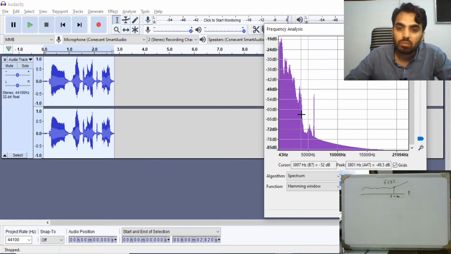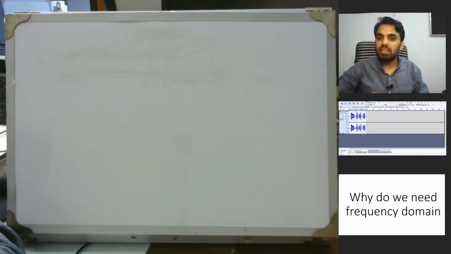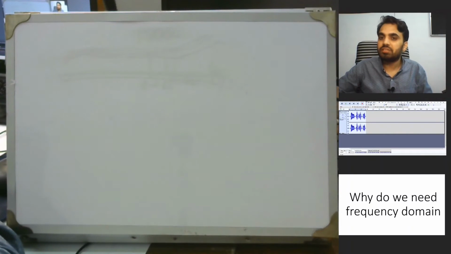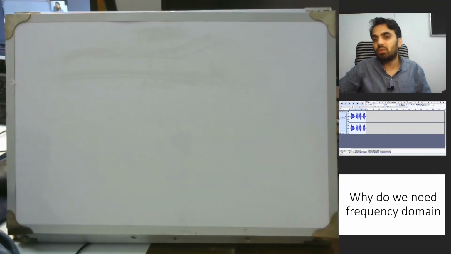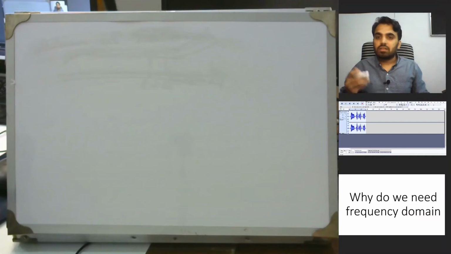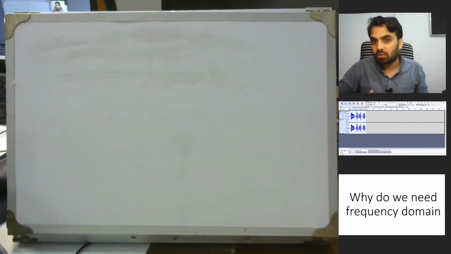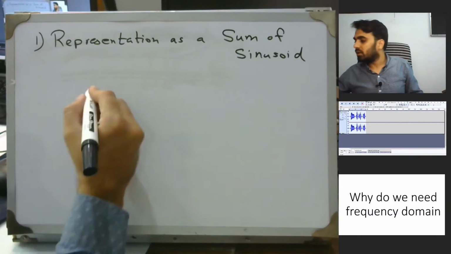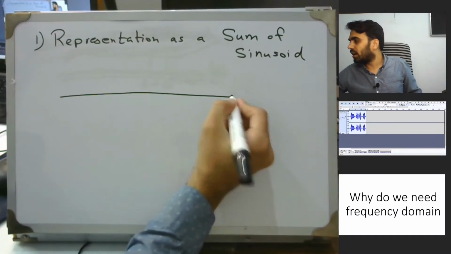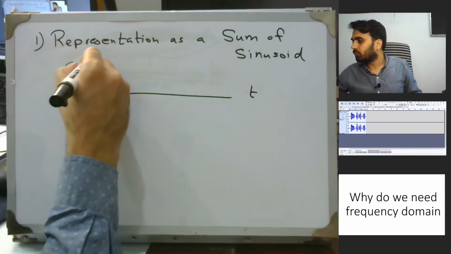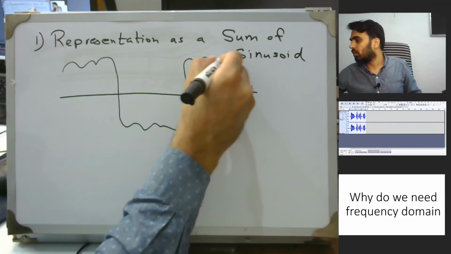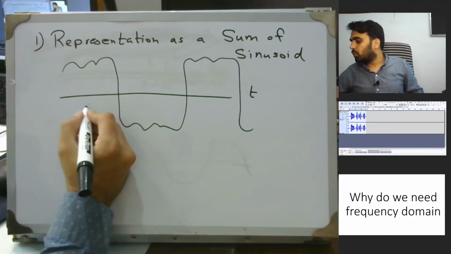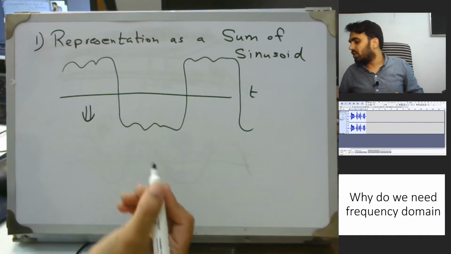So we have three fundamental reasons which necessitate the need for frequency domain representation. The first of which is representation as a sum of sinusoids. By this, what we mean is that, say we have a time series signal, we can decompose this signal into its frequency components.